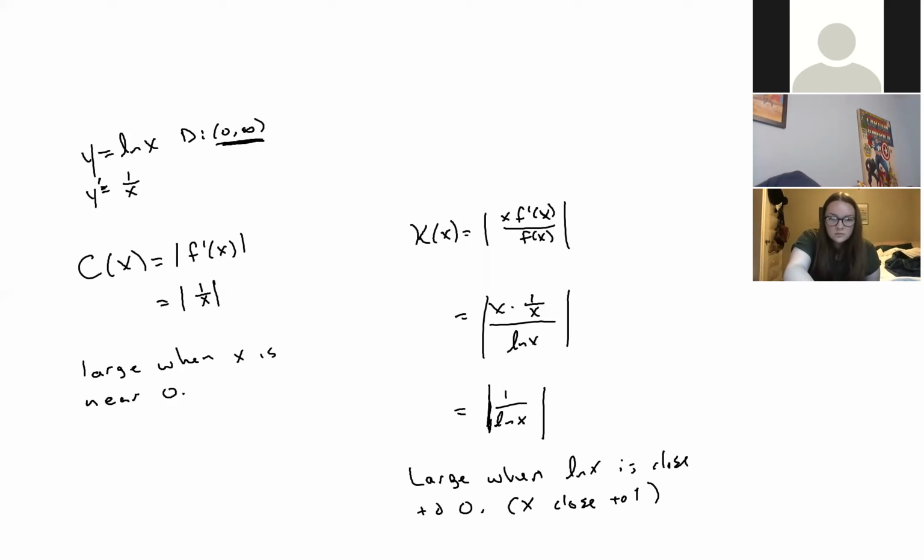And Yao, are you asking about close to 0, or is there a difference between 0 from the left and 0 from the right? Was that a question for the relative condition number or the absolute condition number? Or both? Relative?